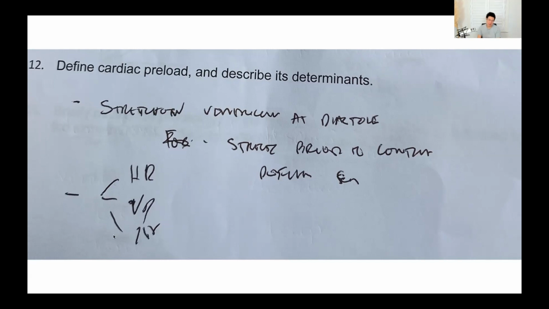Venous return, and blood volume would be the other one I can think of that would affect your venous return. There's also venous capacitance. You can derive all this from thinking about it in terms of the vascular function curve. So if you base your answer on those curves, you should be able to get a really good answer and describe its determinants.